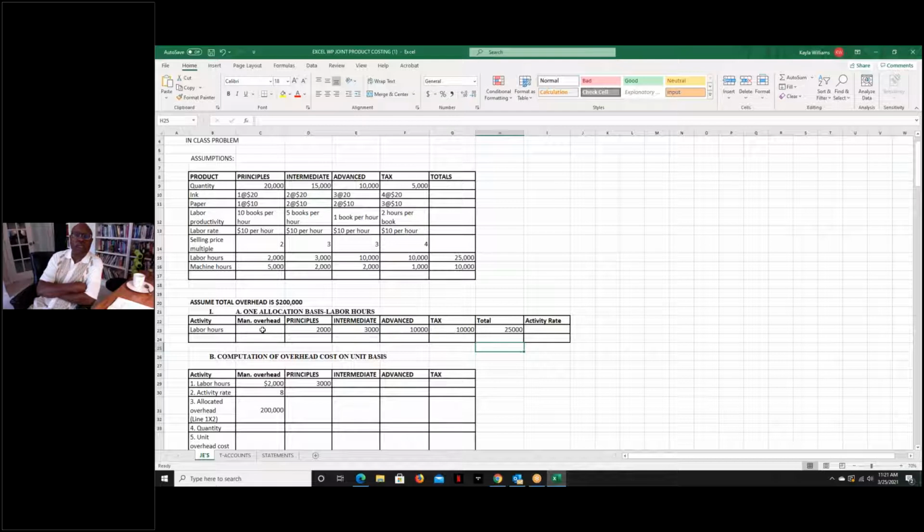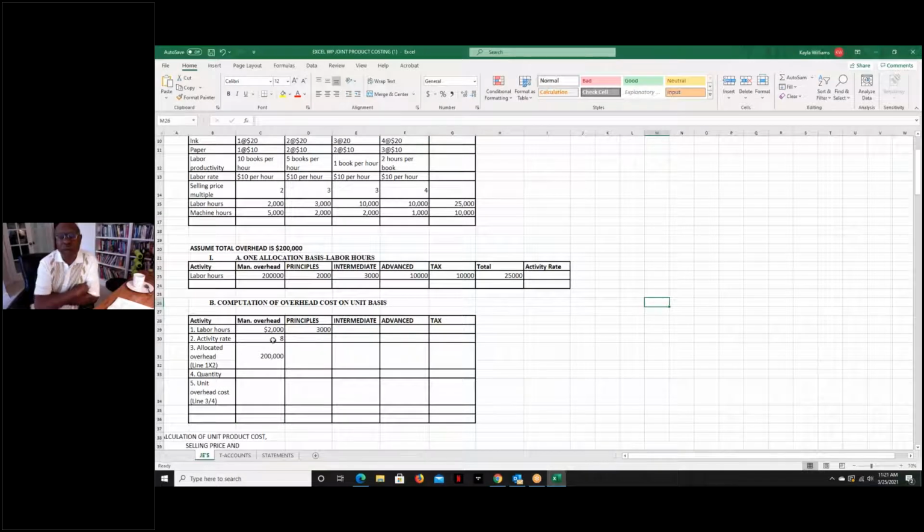Wait, where am I putting that at? Right there where your cursor is. Yeah. So help her get the activity rate, Hines. Okay, so if you go to the activity rate box and you type equal, and then put 200,000 over 25,000. No, the activity rate at the end of the labor hours.